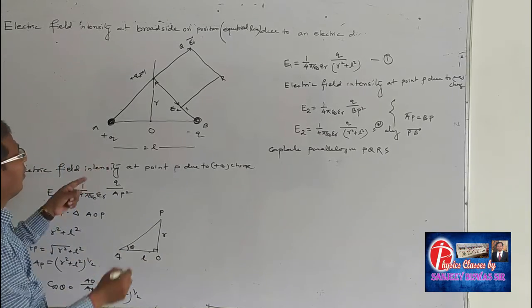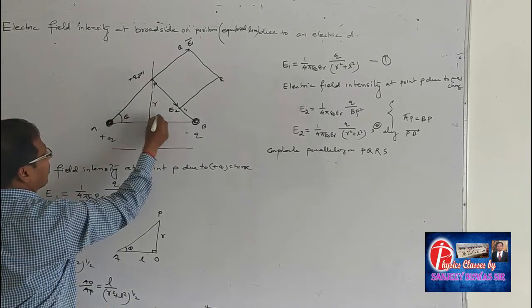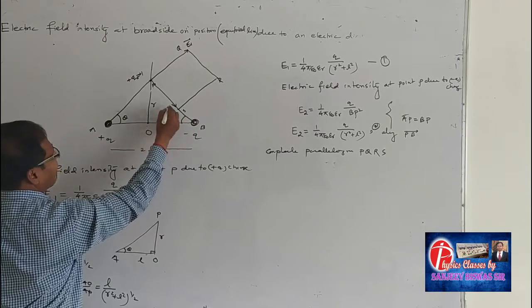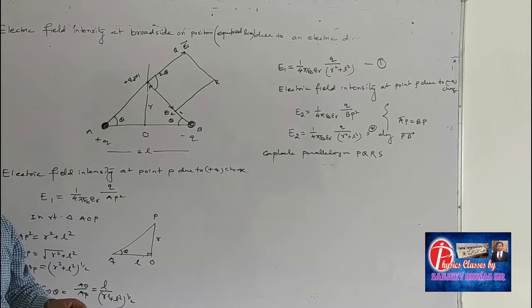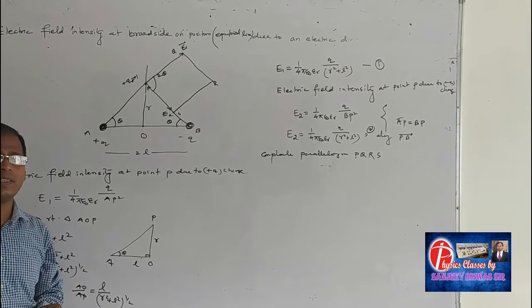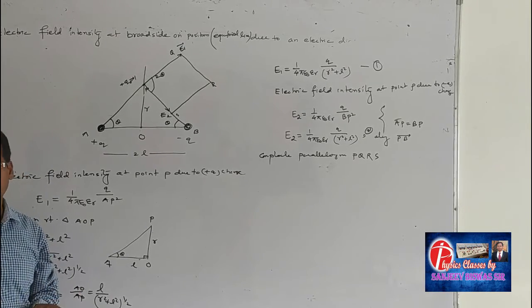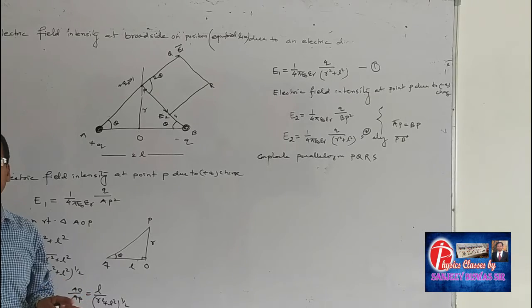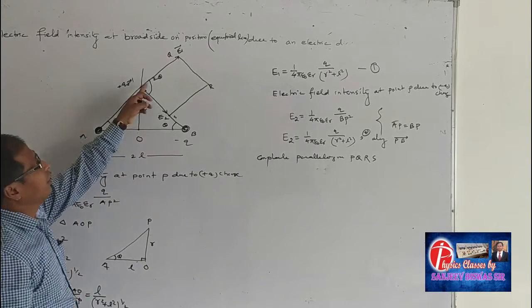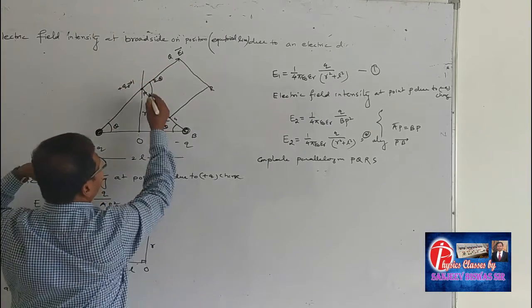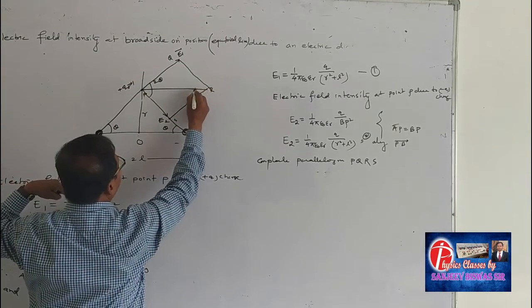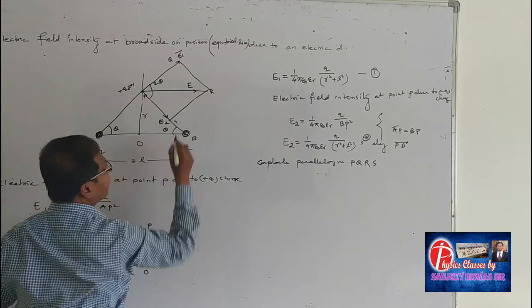Now from the law of parallelogram, this angle is theta, this angle is theta, so this angle will be 2 theta. The law of parallelogram tells us that if two vectors are represented by the adjacent sides of a parallelogram, then the resultant will be its diagonal. E1 is in this direction, E2 in this direction, so the resultant will be the diagonal, that is E.